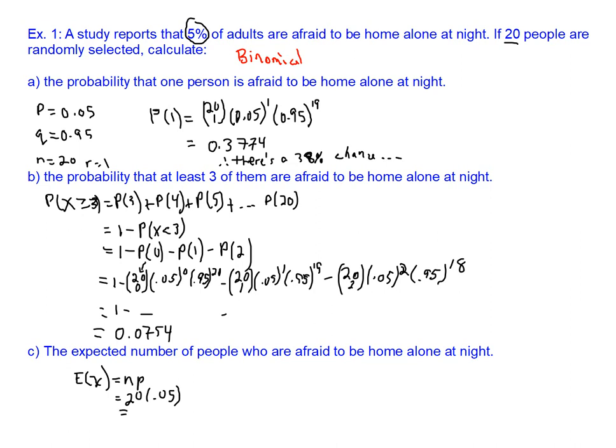And we multiply that out, and we get a value of 1. So in this case, the expected value over the long term, if we did this repeated experiment with 20 people over and over and over again, we would expect one person to be afraid to be at home alone. Alright, let's move on to a slightly different example here.